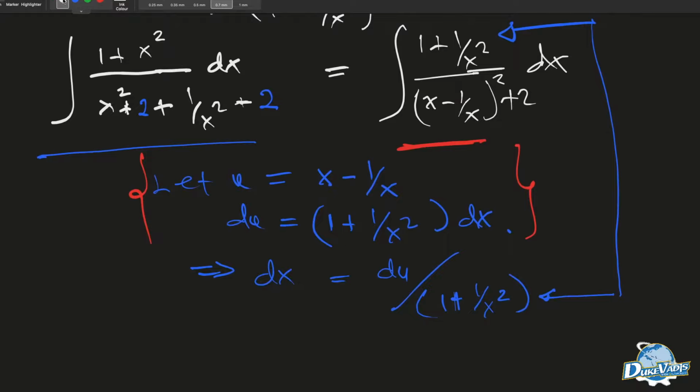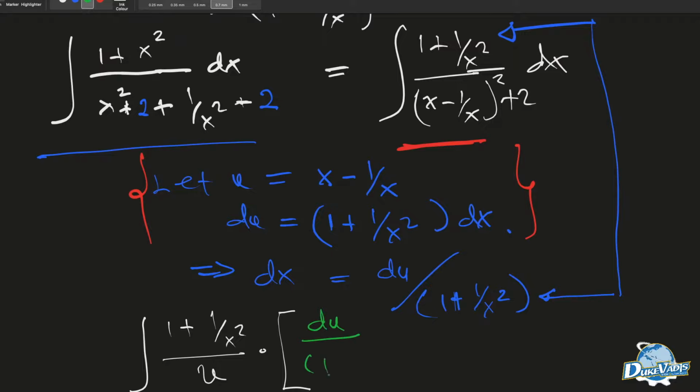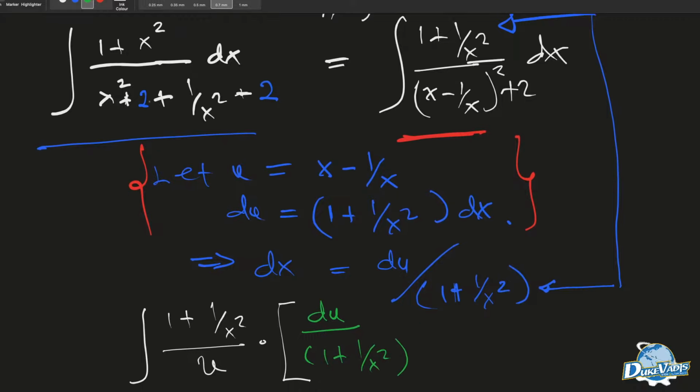Our expression is the integral of 1 plus 1 over x squared all over u squared plus 2, multiplying dx, and our dx is given as du all over 1 plus 1 over x squared.